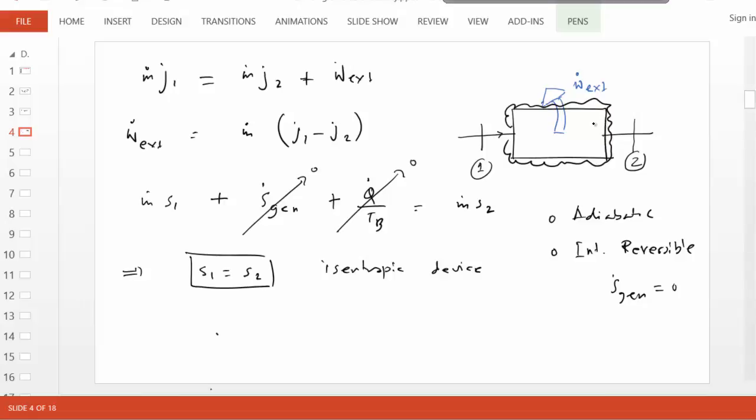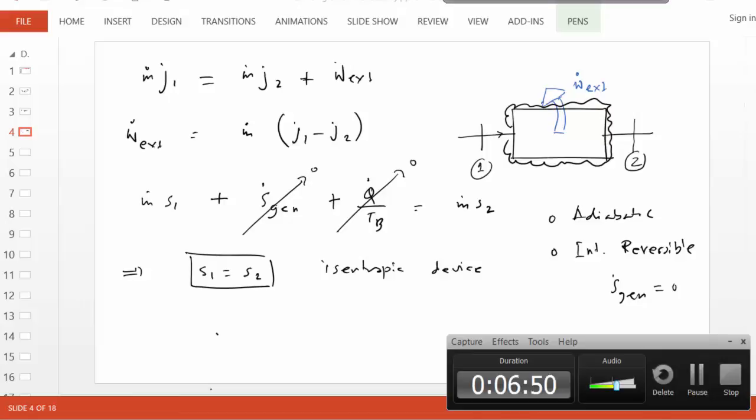So in an actual device, what happens is that suppose this is the real device. This is the isentropic device, and if we have an actual device and do this analysis again, we cannot set S dot gen to 0 anymore because of friction, S dot gen will be positive.